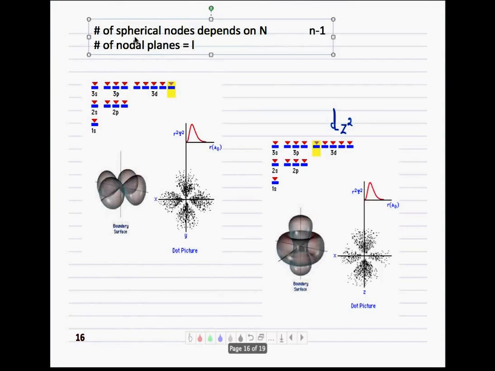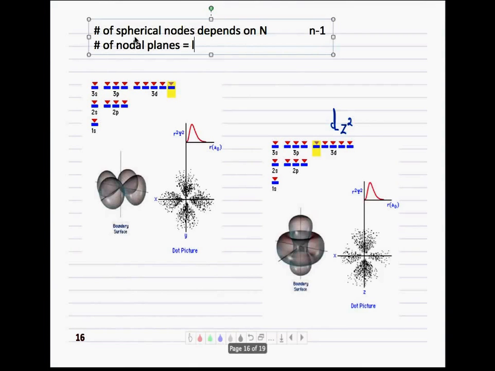For l equal 1, we have 1 nodal plane, and so on. And that means that's for p. Okay? Now definitely, as I said before, when you look at the dot structure, you need to figure out which orbital we are talking about in there.